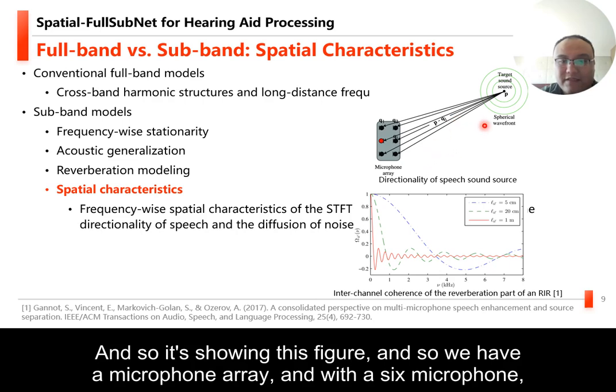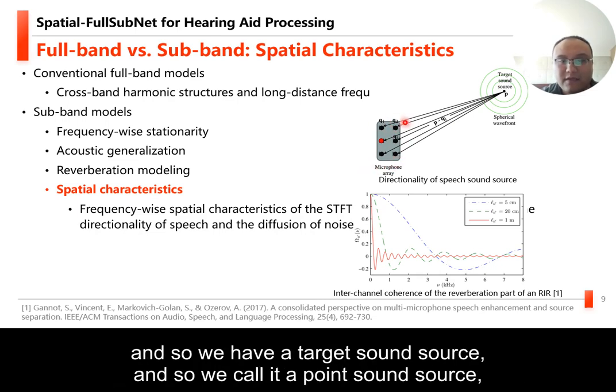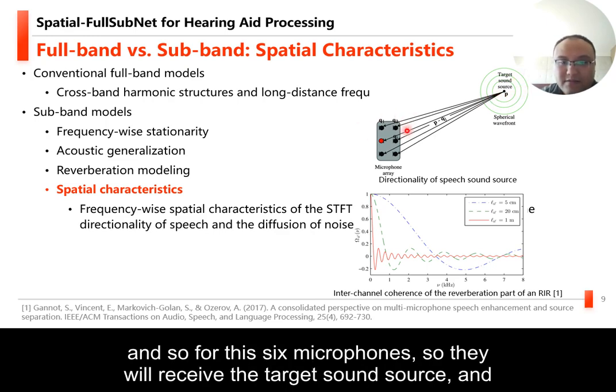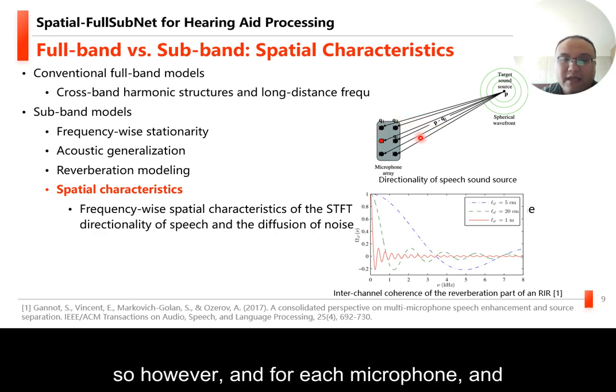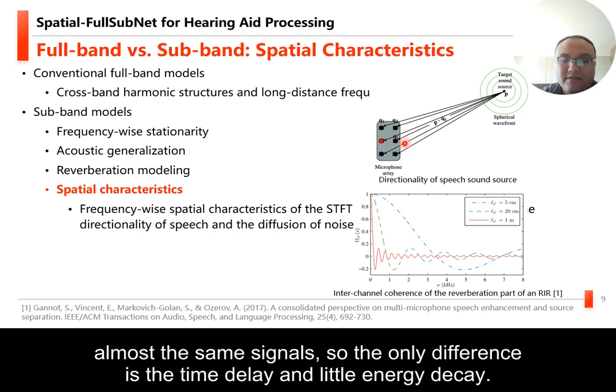As shown in this figure, we have a microphone array with 6 microphones, and a target sound source, which we call a point sound source. These 6 microphones receive the target sound source, and each microphone receives almost the same signals.